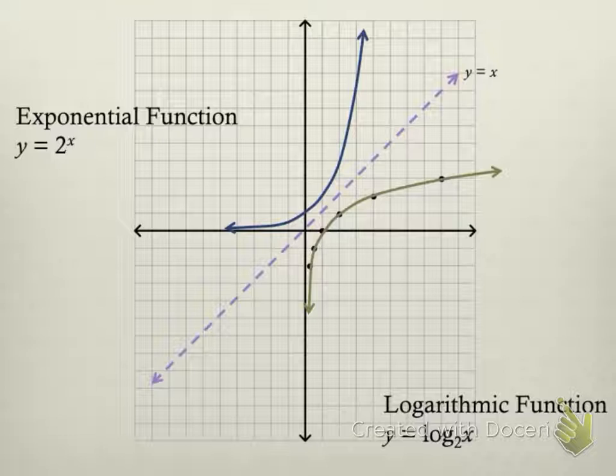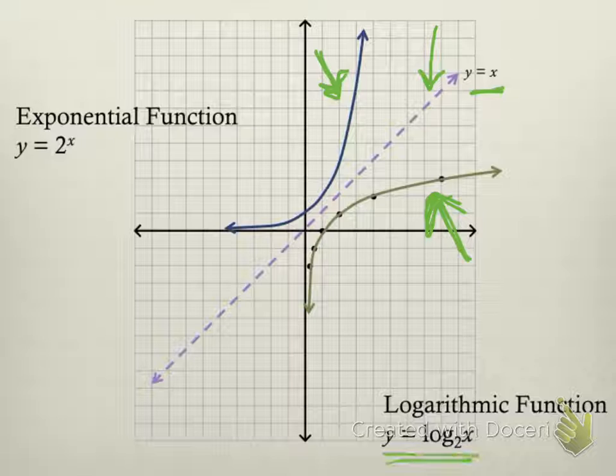And I think it's pretty safe to assume that this curve, if we reflect it through this y equals x line, is going to give us that curve. So when we switch the x and the y values together, what we get for one graph gets reflected through y equals x and gives us our other graph. And this graph now is our y equals log base 2 of x.